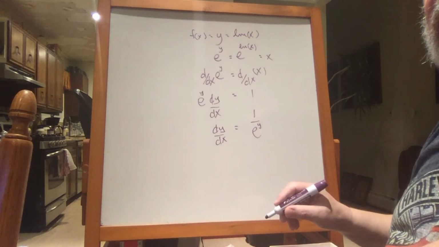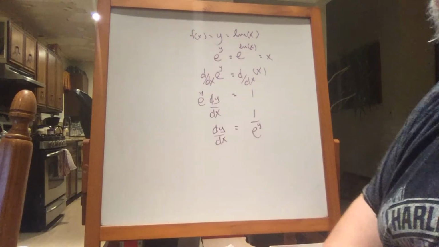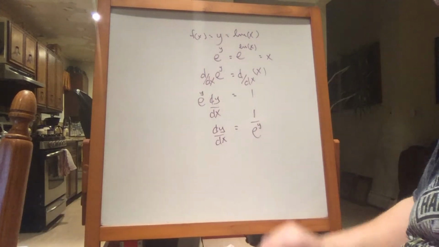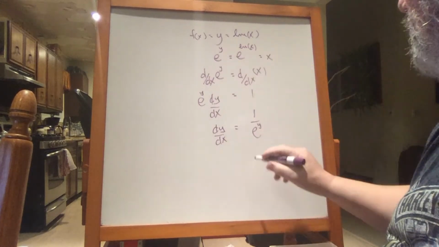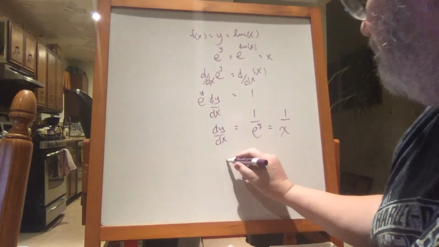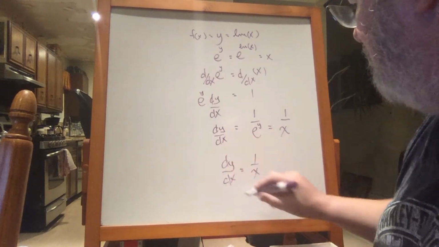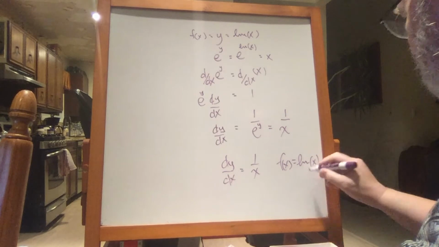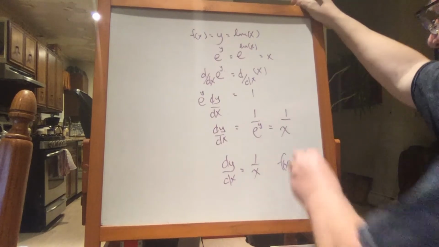But this is just x. e to the y is x. So then we have 1 over x. So dy dx equals 1 over x, when f of x equals ln of x. So that wasn't so bad.